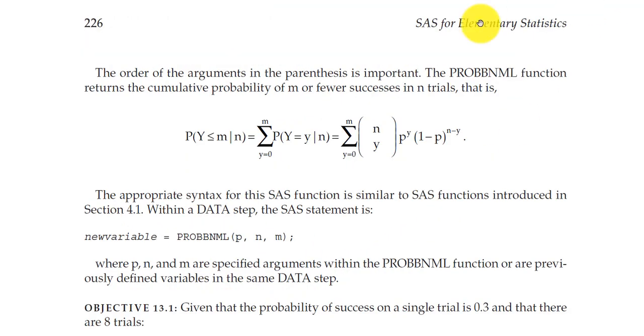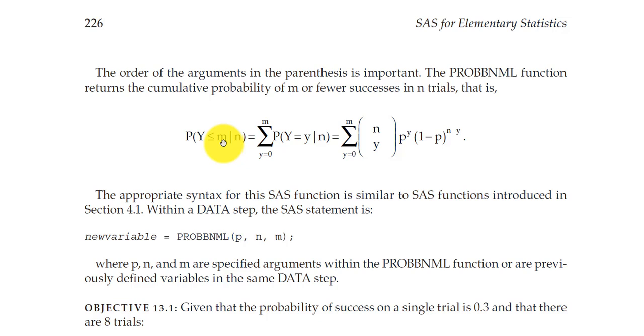Most of the SAS probability functions compute what are referred to as cumulative probabilities. That is, the probability that our random variable is less than or equal to this value m. Some people call this a left-side probability. So it's a probability of m or fewer. And that's not just for binomial, but for all of these different functions that we are going to look at in this chapter.